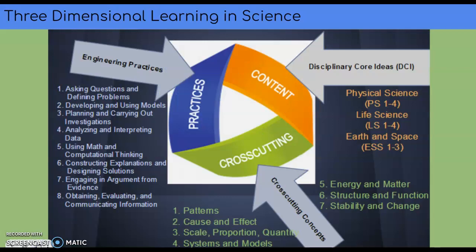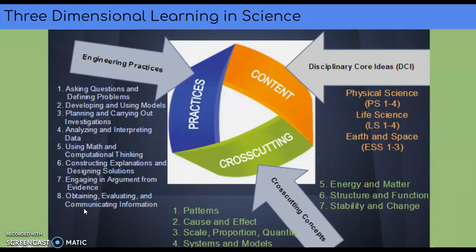This picture right here is pretty heavy, but I was trying to think of ways to best make sure you understood where each of the different elements comes into place. So when we start up here on the left, we can look at the practices, the science and engineering practices, and there's 8 of them.